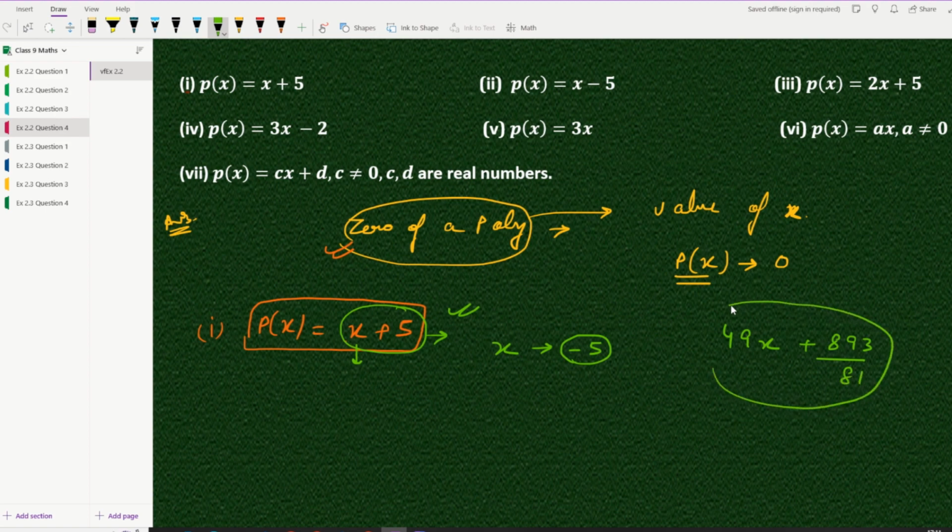In this case, this is also a polynomial in variable x, but to easily determine the value is quite difficult. In the earlier case it was quite easy, कि हमने x की वैल्यू को -5 रख दिया. -5 plus 5 will become 0. So x = -5 is a zero of this polynomial. But यहाँ पर ऐसे assume कर पाना या ऐसे आंसर करना थोड़ा डिफिकल्ट है.